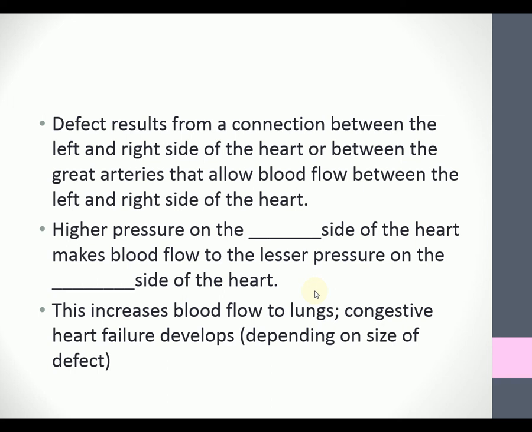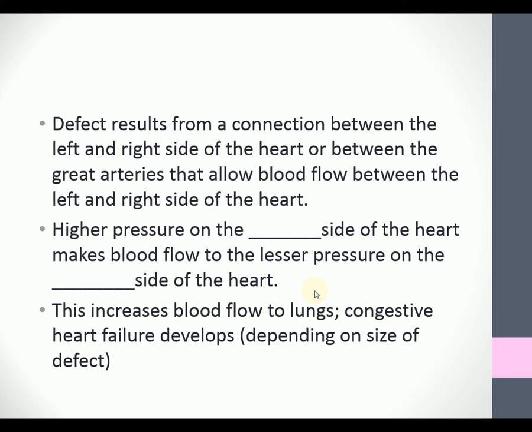That would cause increased blood flow to the lungs. Higher pressure on the left side of the heart will make it flow to the right side of the heart. And this, of course, is an increase in the pulmonary blood flow.